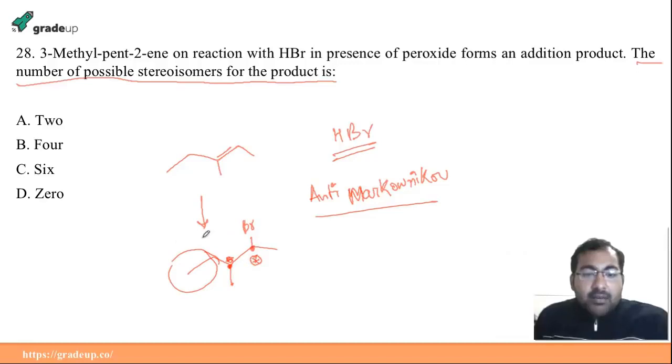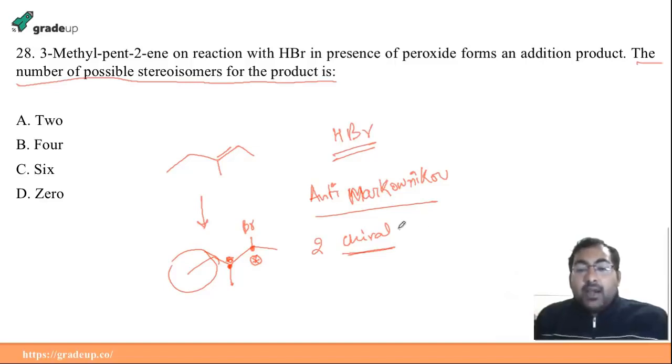For this carbon, this group is different, this group is different, this group is different, and another H is different. So all four groups it has are different. So two chiral carbons are being developed.